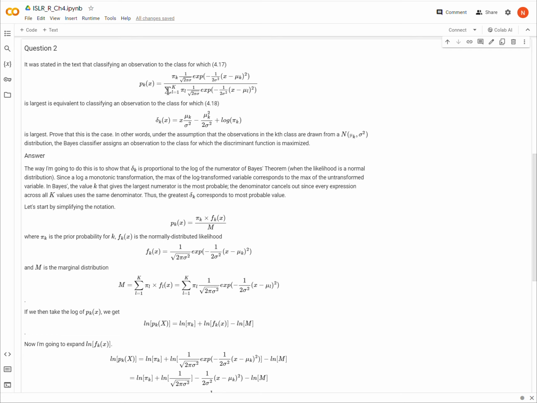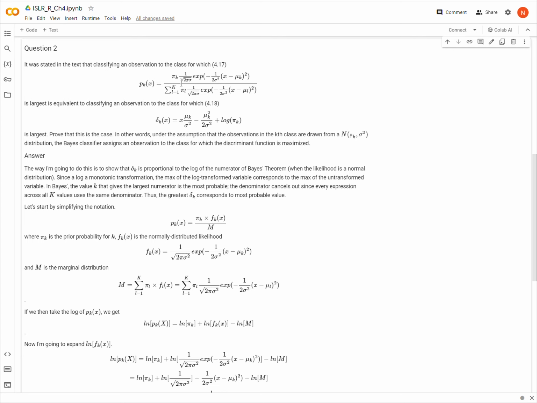Down here we have what's called the marginal distribution, which is the sum of the probabilities for each category, here called L, all the way up to the capital K categories.